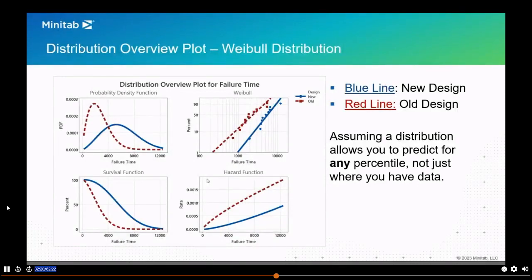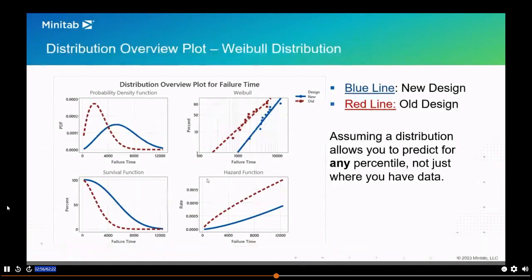And we see at the beginning of time, 100% survive. And then over time, we see the reliability drop. What's really exciting is with the new design, we don't see that really crazy drop right away like we did with the old design. So again, the survival is better with the blue line, much, much better than the red line. So the new design is very promising for us.